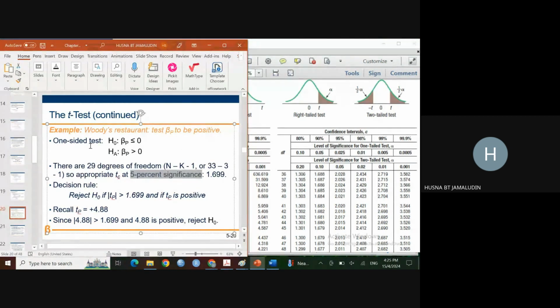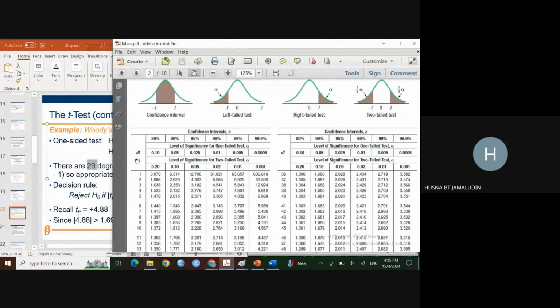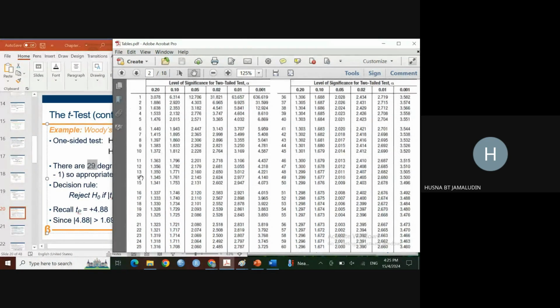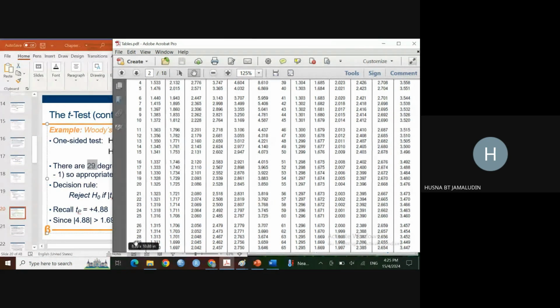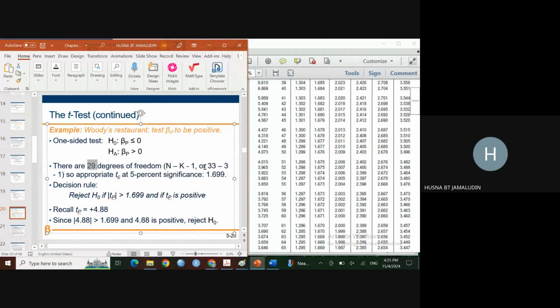This is a one-sided test, one-tail test. What is the degree of freedom? 29. So let's look at your T table. Look at degree of freedom, go to number 29. 29 is here. If you can see my 29, it's very small there. Okay? So now, you are using a 5% significance level.